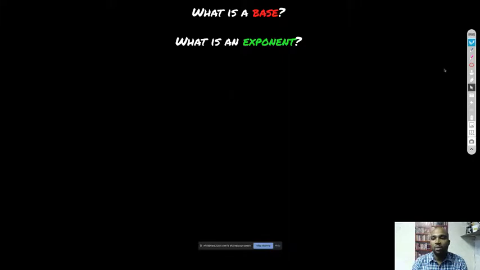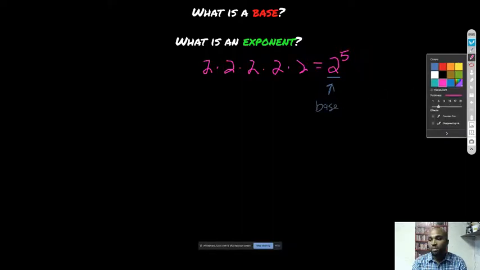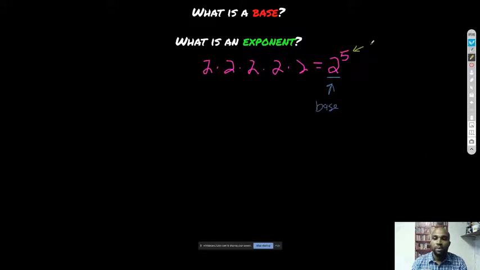Let's take the problem we just did a second ago, where we had 2 times 2 times 2 times 2 times 2, which is equal to 2 to the 5th power. Well, this 2 right here is called our base. And you can guess what the 5 is going to be considered. Yep, our exponent.